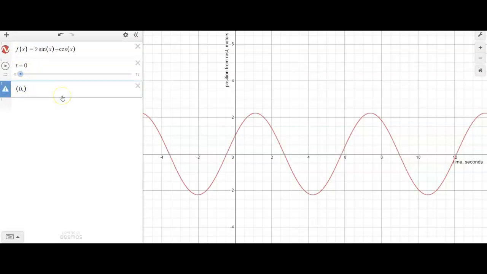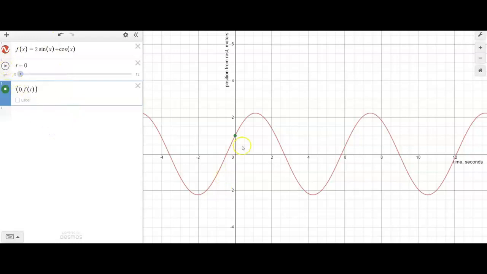So what I'll plot is 0, f of t. Now all that's doing is showing me a point on the vertical axis, so the t value is not going to change, but the y value is going to be the current value of where that spring is. So I'm going to slow this down a bit and have it just do it one time.